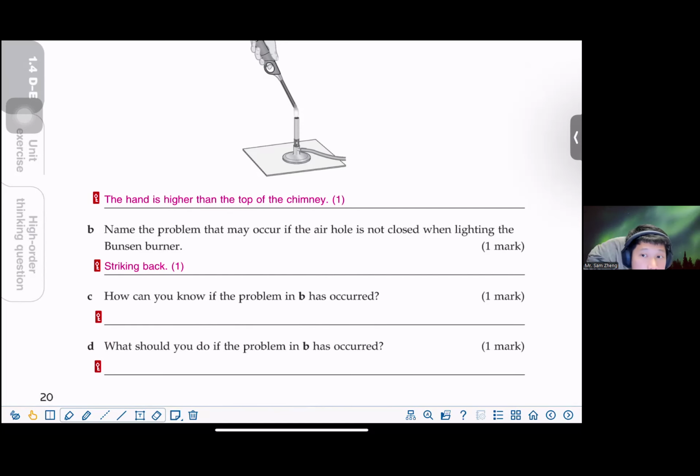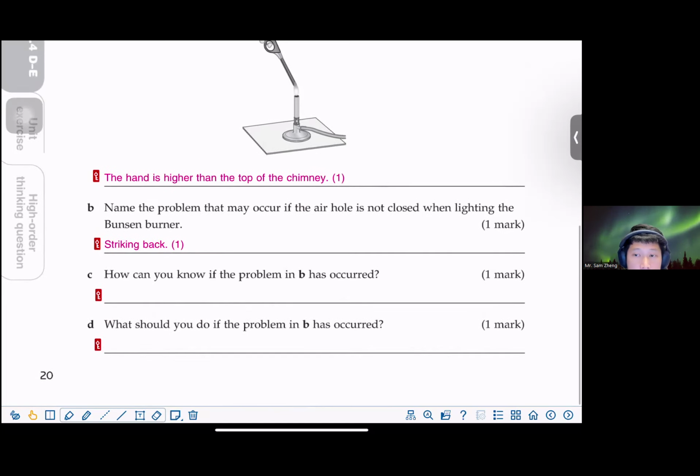It would be a very dangerous practice because the flame may continue to ignite in the rubber tubing. So this may cause an explosion in the laboratory.